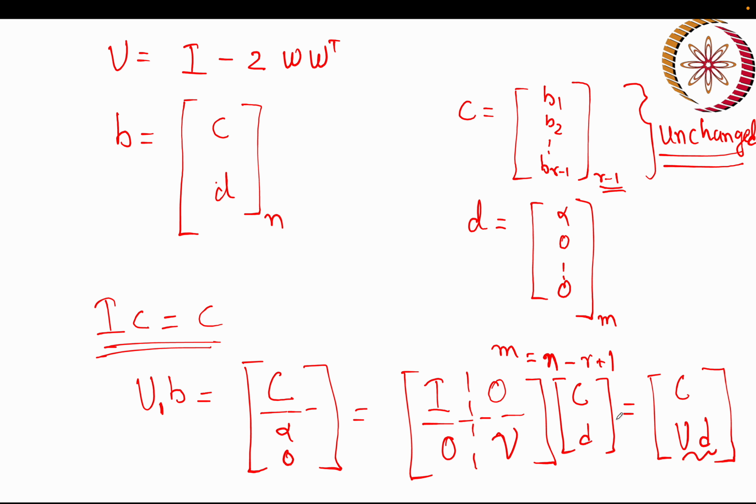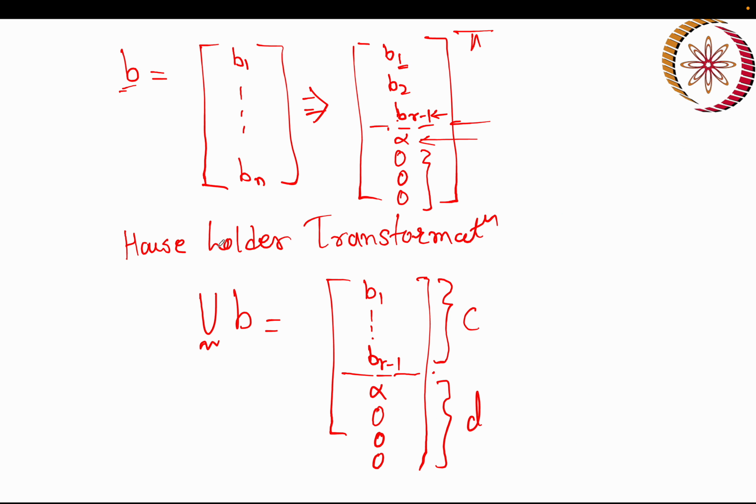Okay, I hope I have not confused you. So this u is the householder matrix, and b is the vector that we want to transform. Actually, I should have used a different notation for this.